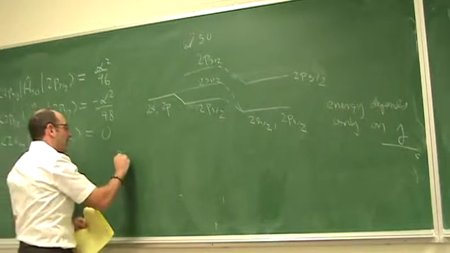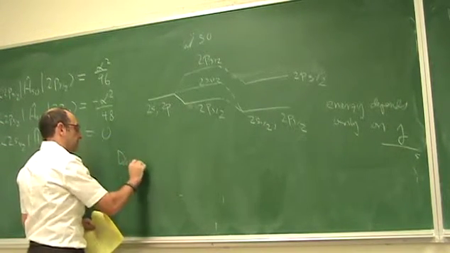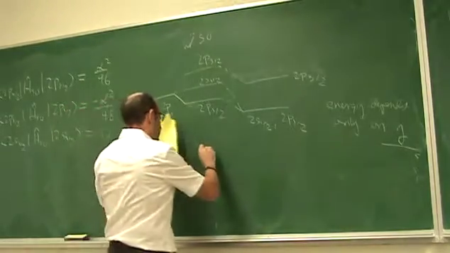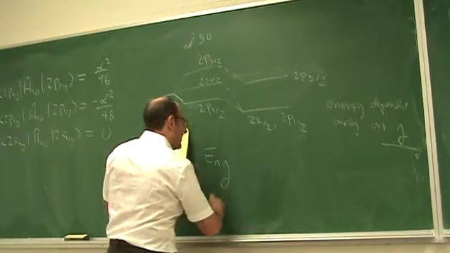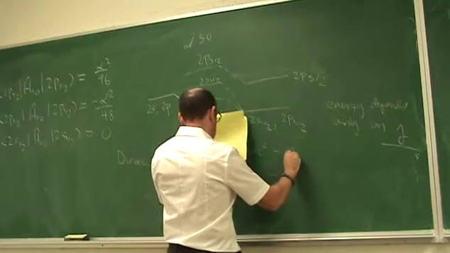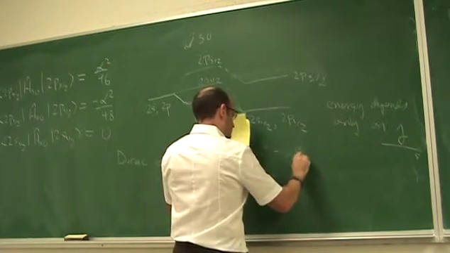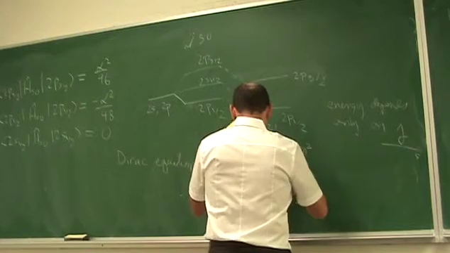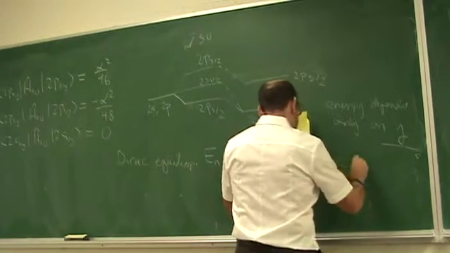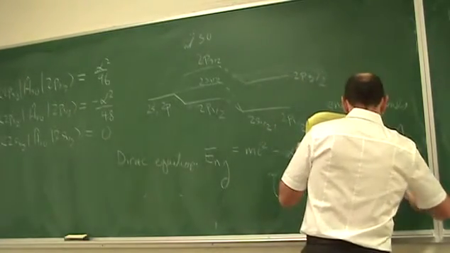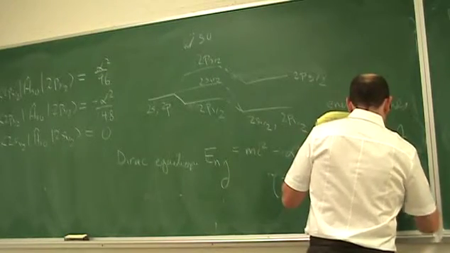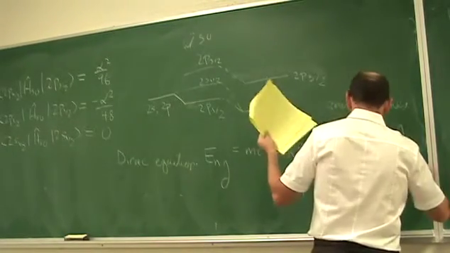And in fact, the Dirac equation gives us the following energy levels. They only depend on J. This is the expression that you get from doing perturbation theory on the Dirac equation to lowest order in the fine structure constant.